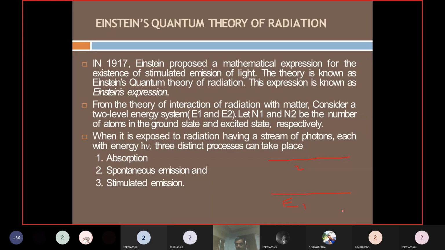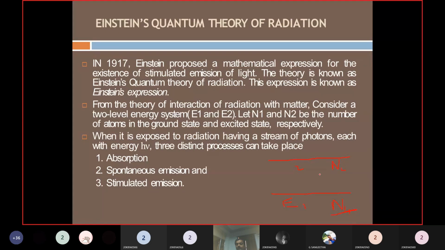N1 atoms are present in the E1 energy level. Similarly, N2 atoms are present in the E2 energy level. The ground state is the E1 energy level, and the number of electrons in the ground state is N1.